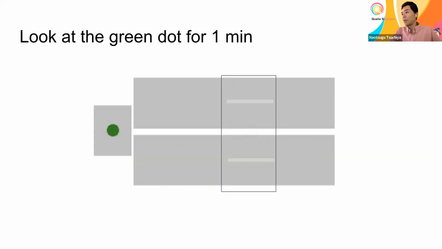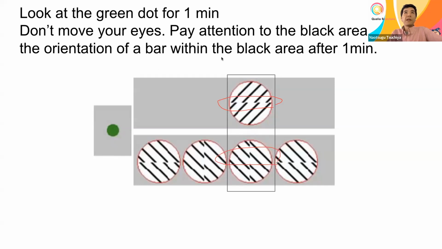So eventually what I wanted you to see is that this part of the area and then this part of the area will be differently visible based on the adaptation in the previous pattern. The previous pattern presumably activates the neurons that respond to the horizontal here, but the vertical here.